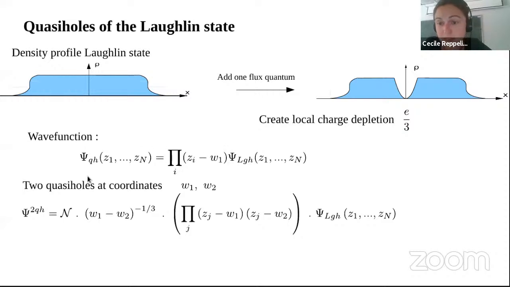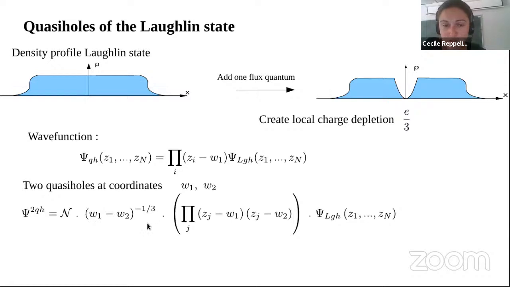And you can do the same thing with the second quasi-hole. And I'm going to assume that the two quasi-holes are at positions w1 and w2 that are very far apart. And in those conditions, you can show that the wave function writes down like this with a normalization factor here that doesn't depend on w1 and w2.